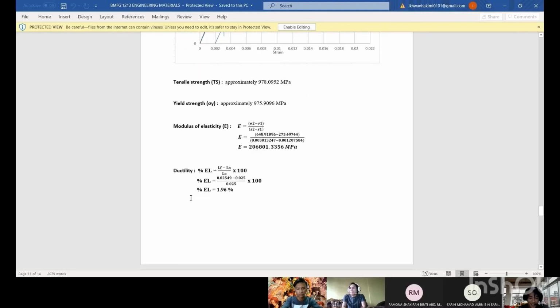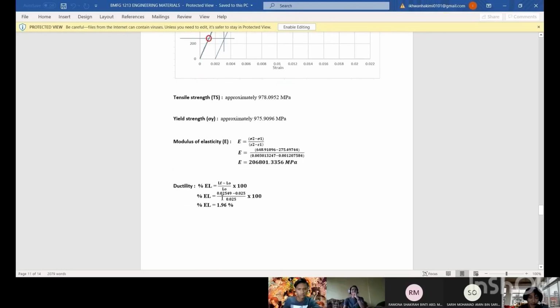And the last one is ductility: 0.02549 meter minus 0.025 meter over original length 0.025, multiplied by 100%, and then we will get the ductility is 1.96%.